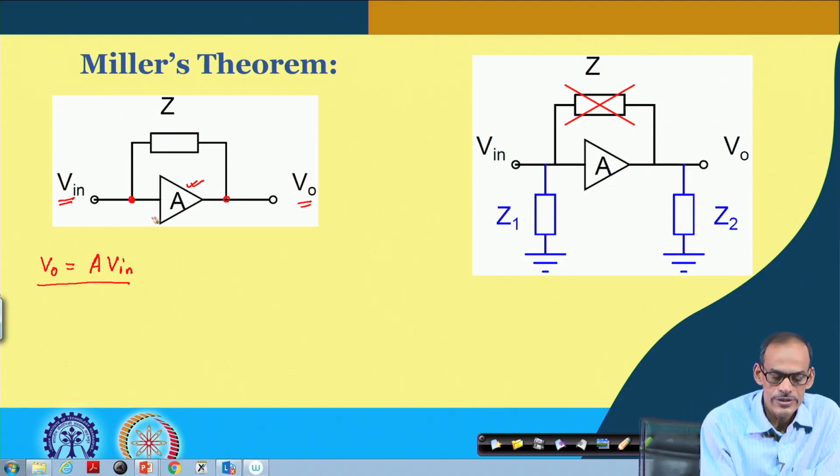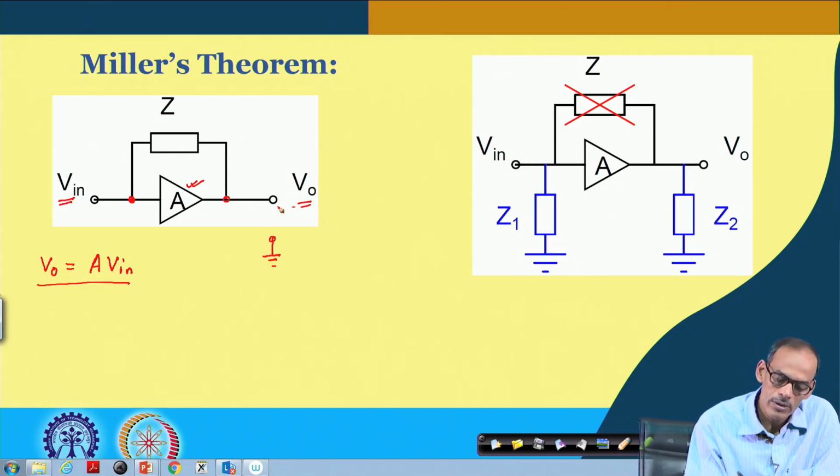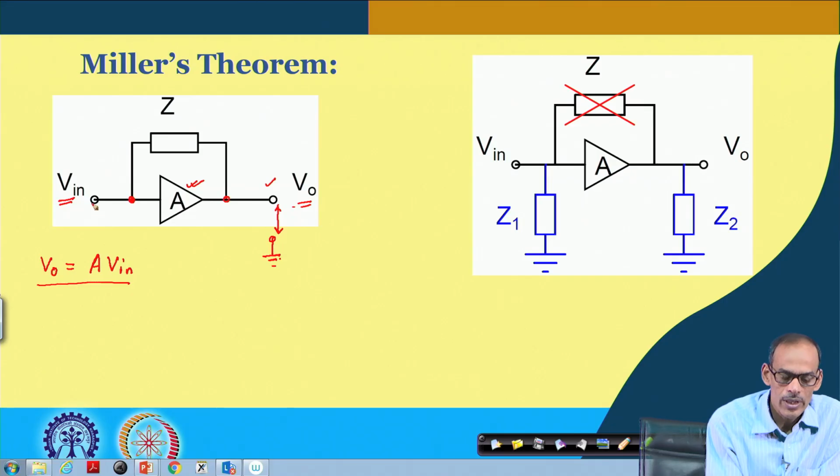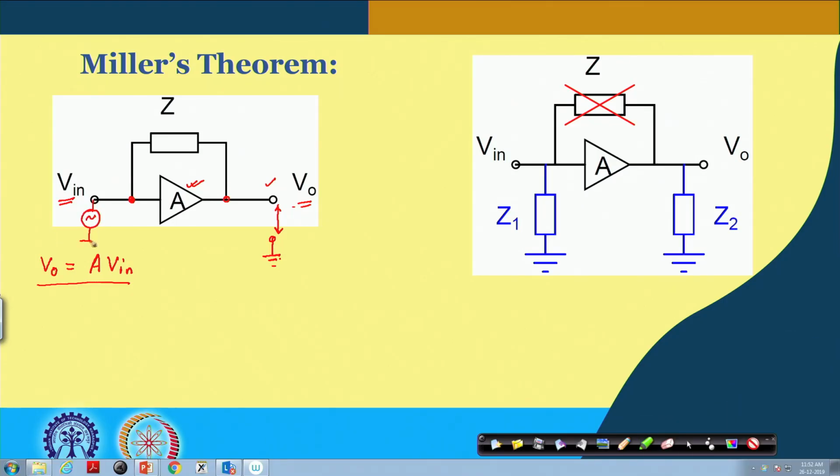The signal is going from left to right, so we have the input port and the output. Whenever we talk about VO, we are considering the voltage at this terminal with respect to the common terminal called ground. Likewise, at the input we are feeding the signal V in with respect to the common terminal.